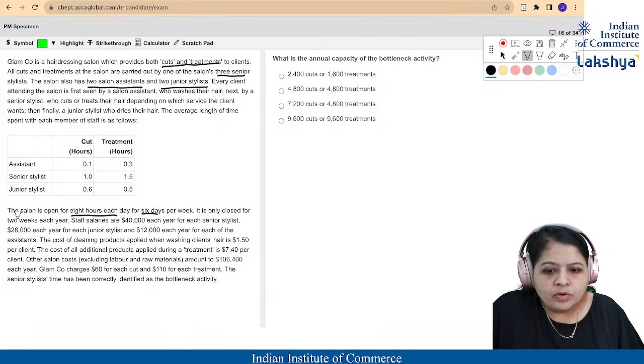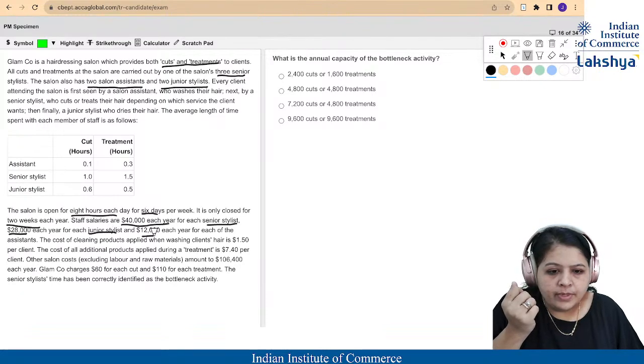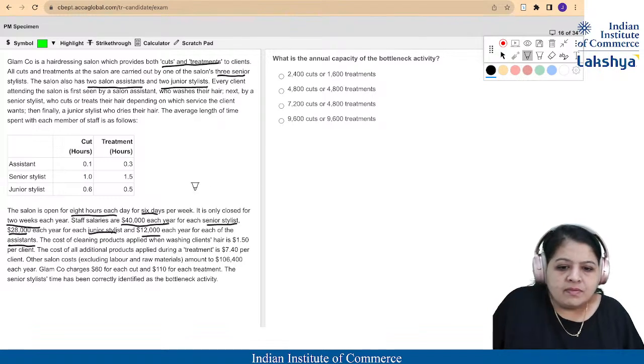It is closed for 2 weeks each year. Staff salary is 40,000 each year for seniors, 28,000 for juniors, 12,000 for the assistants. Now, if we notice, the values given here are on a per annum basis.